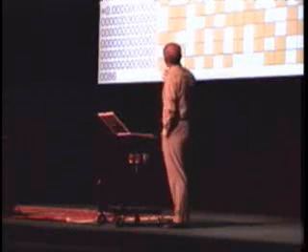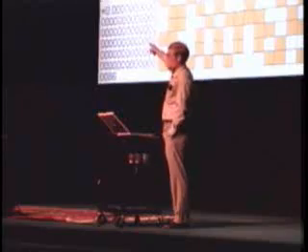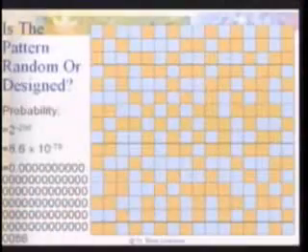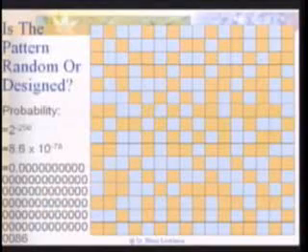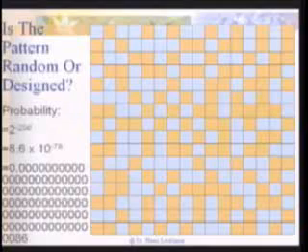So you look at the probability: every square can be either blue or orange, and you take 16 by 16, that's 256. So the probability of this particular pattern is 8.6 times 10 to the minus 78. In other words, almost zero. The probability of me getting this particular pattern, if I wanted to produce it randomly, is zero. No chance.